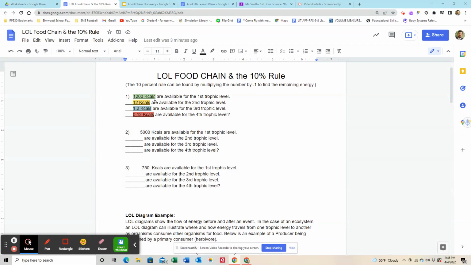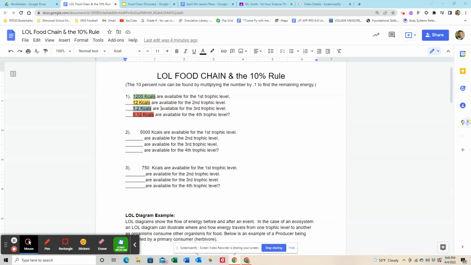So, a kilocalorie is just an energy, chemical energy measurement. And so, number one here gives you an example, and it's color coded for each level of the trophic pyramid. So, if I have 1200 kilocalories that all of my producers are producing, only 12 kilocalories will be passed on to that second level, which would be primary consumers, usually herbivores.